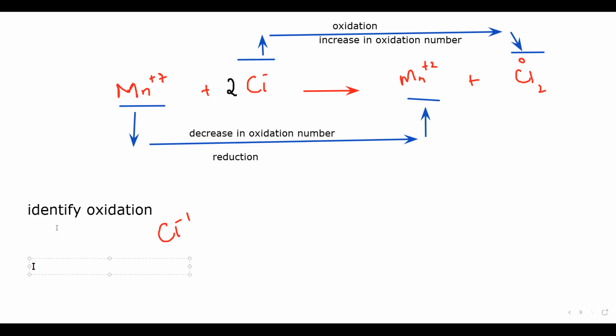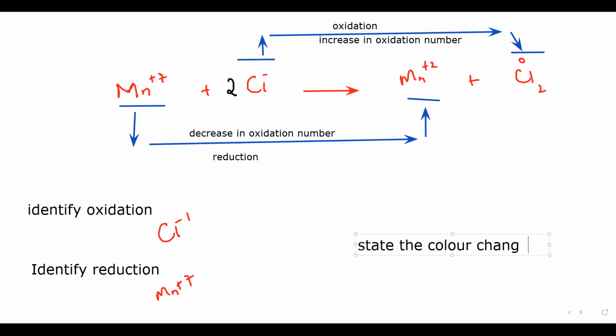So Mn plus 7. So how can we identify the reduction? Reduction happened for Mn plus 7. Then they ask, state the color change. So how can we work out the color change?